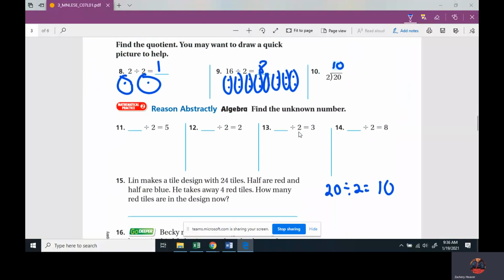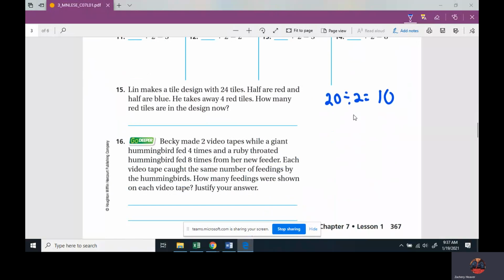It should be 1, 8, and 10. All right. So 20 divided by 2 is 10. Well, we know this is true because 10 times 2 equals 20.